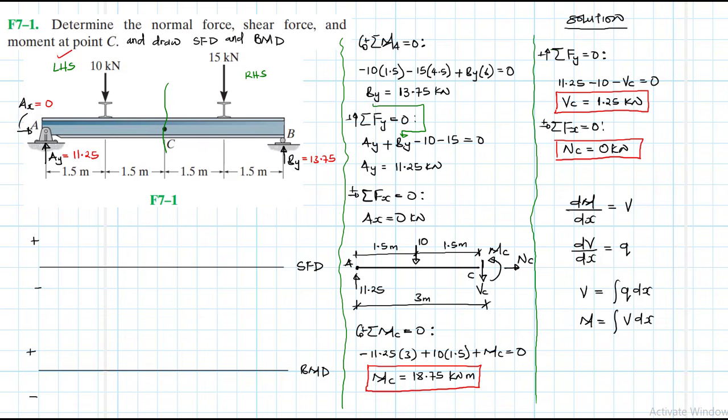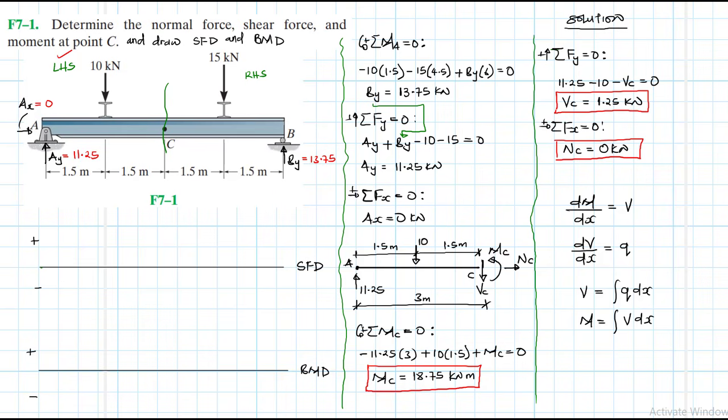Right. Let's start. I'll be using green as I draw. So at A, which is our initial boundary, the boundary value that we have at A is AY, which is the reaction force in the vertical direction. So this is what we are going to start with.